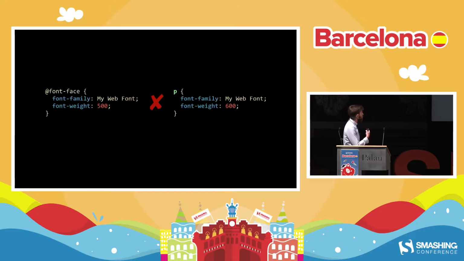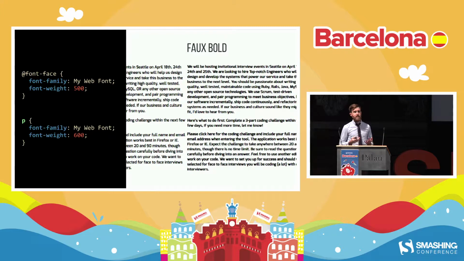For example, 500 is what we have available, but we want 600. The browser will actually synthesize a new version of the font that it has. So we have 500. It will actually add extra weight onto the 500 version to try to create a faux bold version of the font.